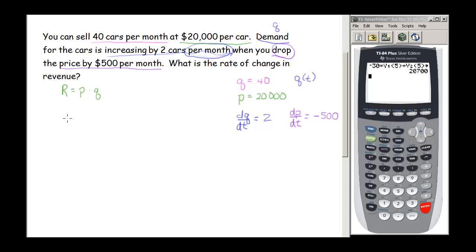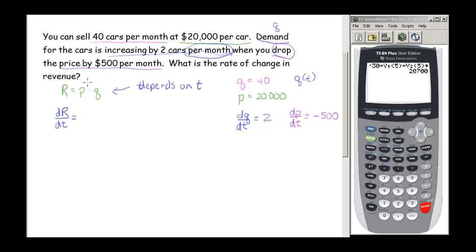Okay. So now let's go ahead and take the derivative of our r. So remember, everything in this function depends on time as the independent variable. So when we take the derivative of r, we're going to say dr dt.